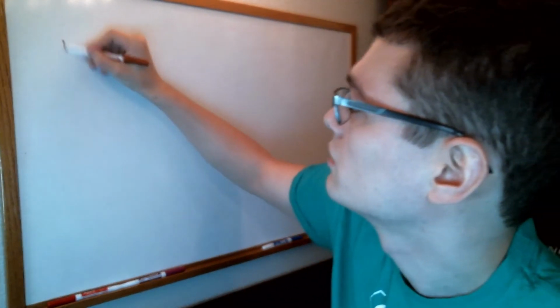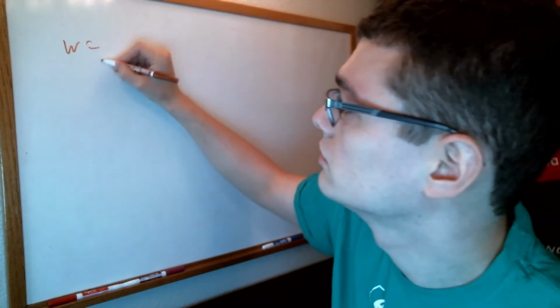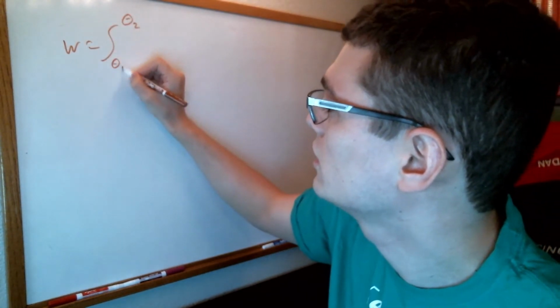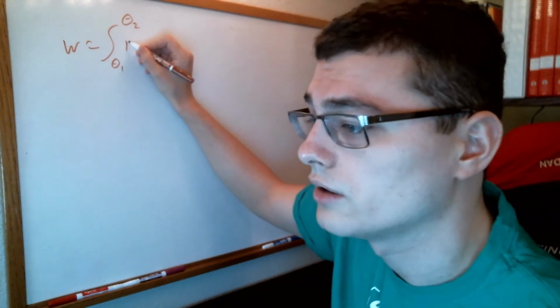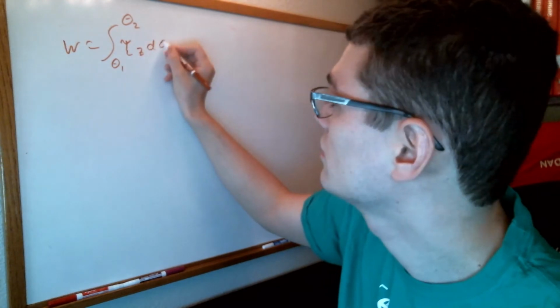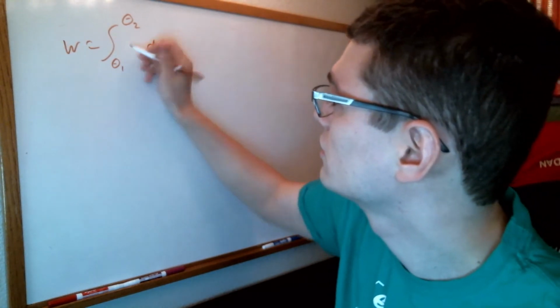So then we can say that work is equal to the integral from theta 1 to theta 2 of tau z d theta.